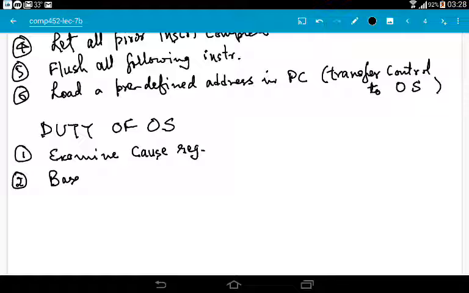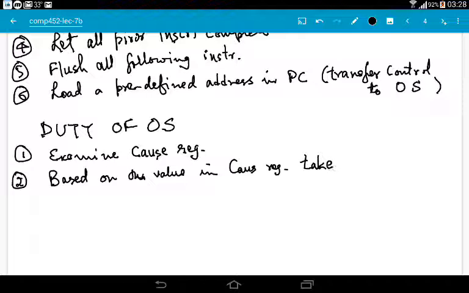Based on the value in the cause register, take steps to handle the exception.